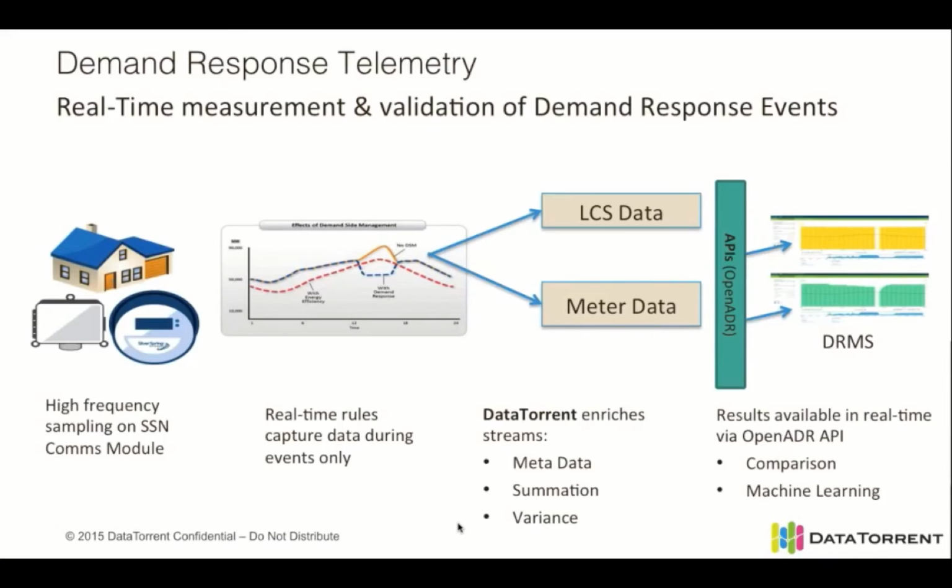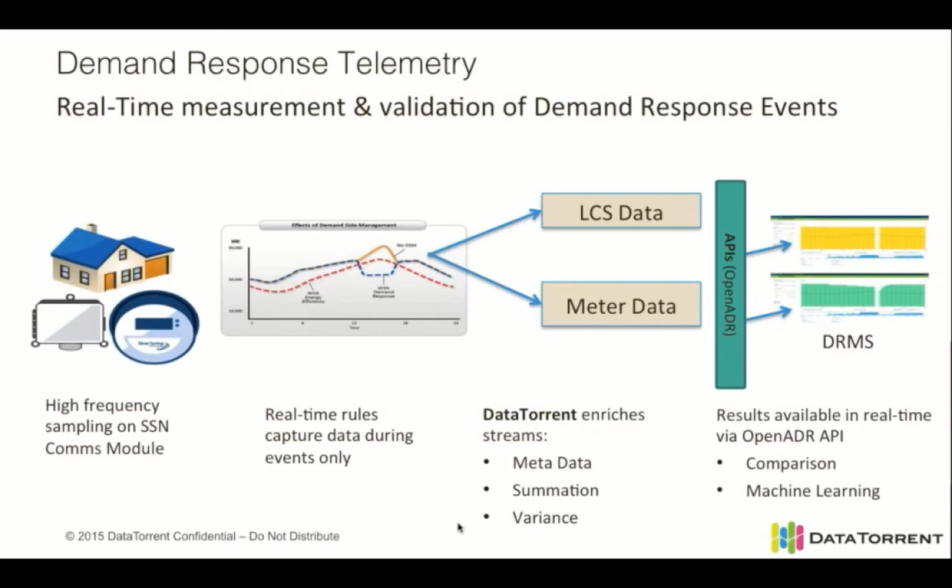We know where the event is having the most effect. We know where the event is not having the most effect. We can also have a rolling summation across different areas, across the total service territory, and we can also look at the variance in real time so that we can see really what the effect is of the load shed event.